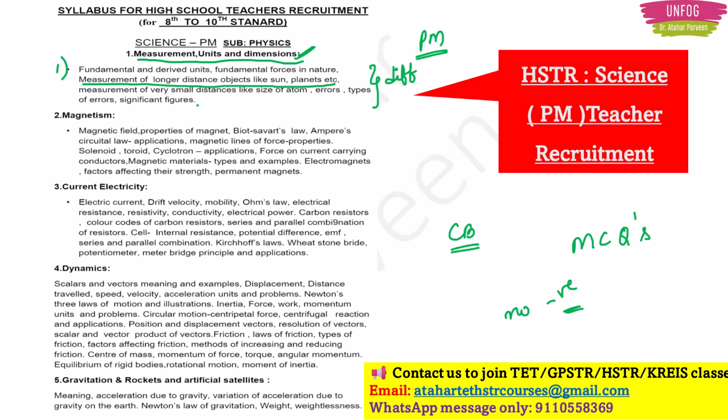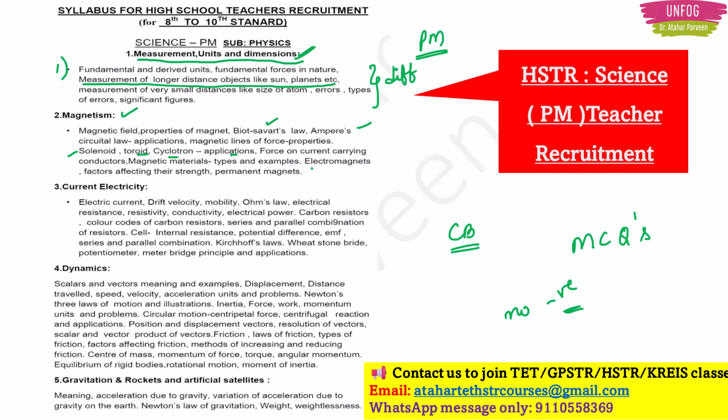Now see the next chapter, magnetism. In magnetism, we saw only basic things like magnetic properties, magnetic lines of force and all that, right? But here you can clearly see they are talking about Biot-Savart's law, Ampere's circuital law, its applications. Then solenoid is there, toroid is there, cyclotron applications are there.